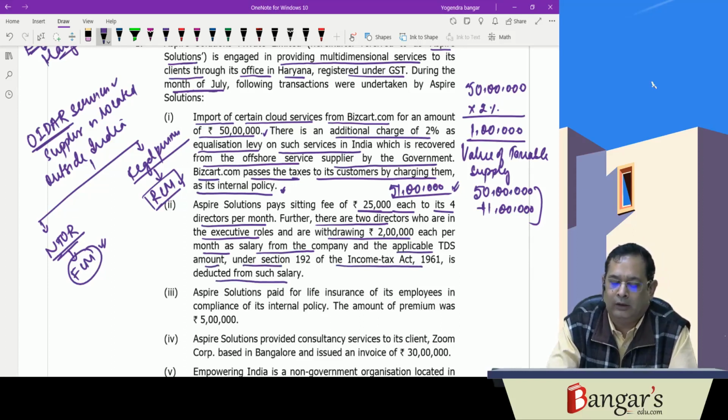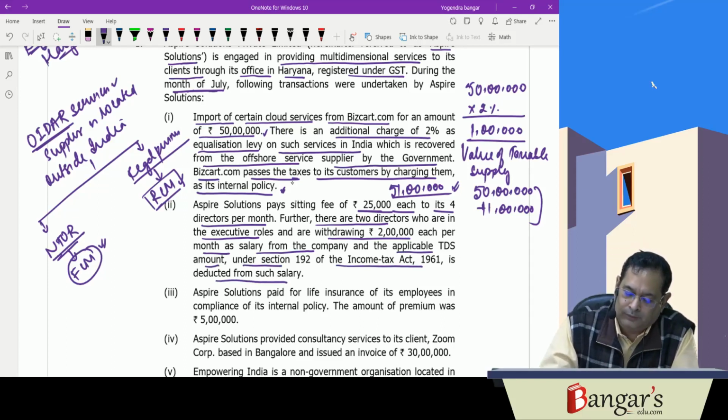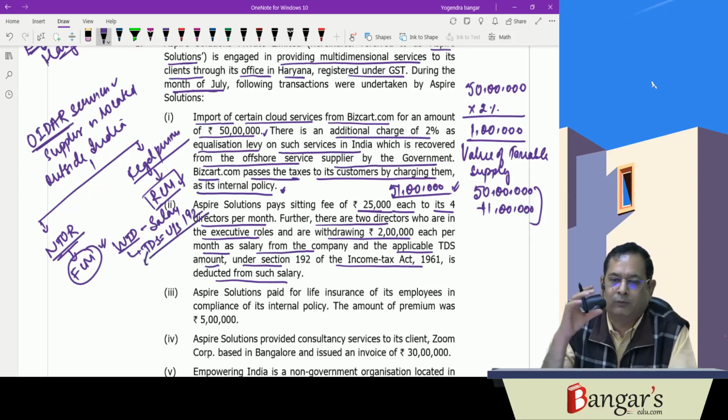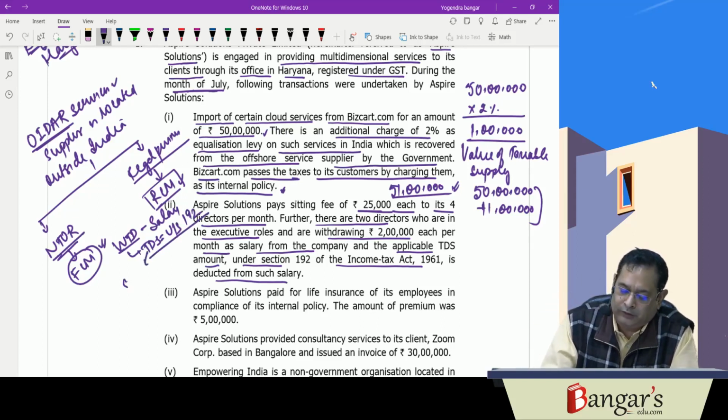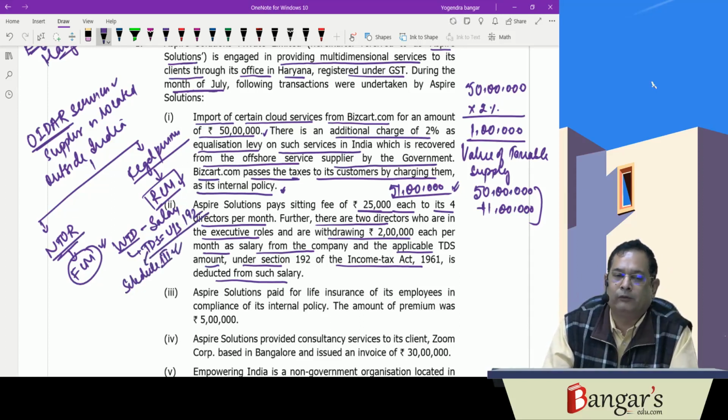We have seen a circular that if there are whole-time directors receiving salary and tax is deducted under section 192, then whatever services are provided by them fall under the ambit of Schedule 3. These are transactions which are neither regarded as supply of goods nor supply of services and are not liable to GST.